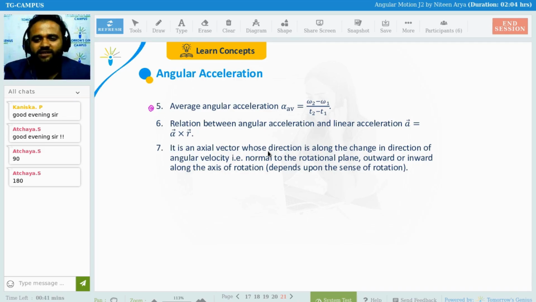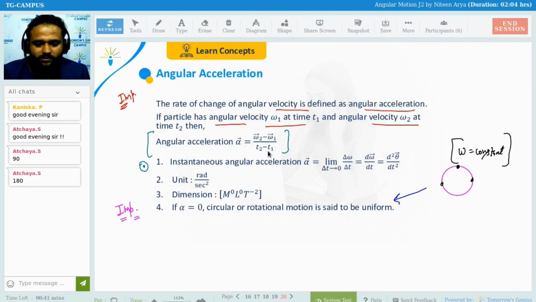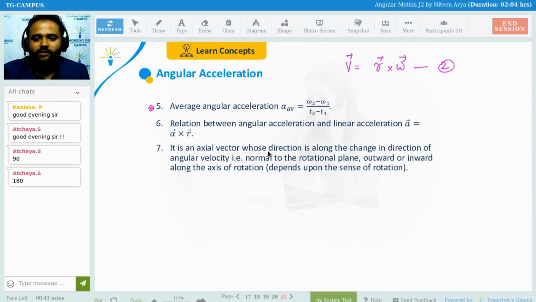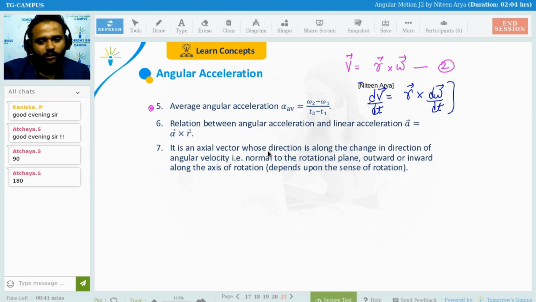There is a relation between angular acceleration and linear acceleration. Again, we have velocity is omega cross r. This is my second equation on this page. So using this second equation, differentiate again: dv by dt. R is constant, so again that term is 0. So r cross d omega by dt, and d omega by dt is alpha, which is angular acceleration, and r is radius vector.